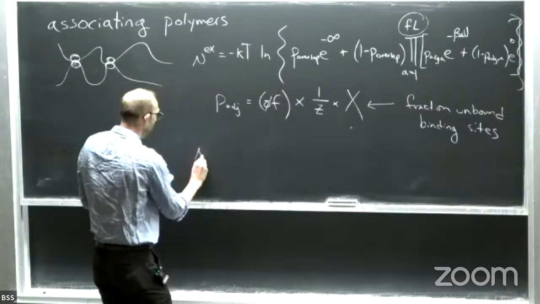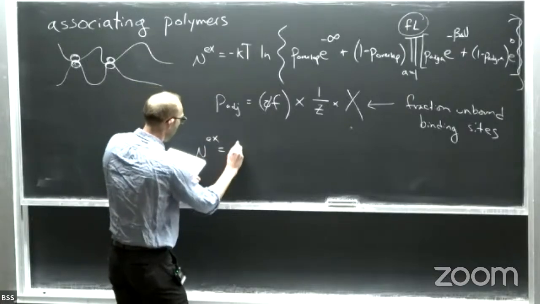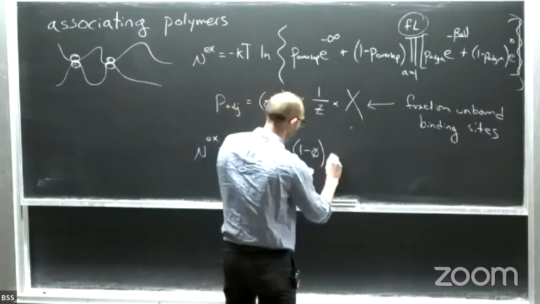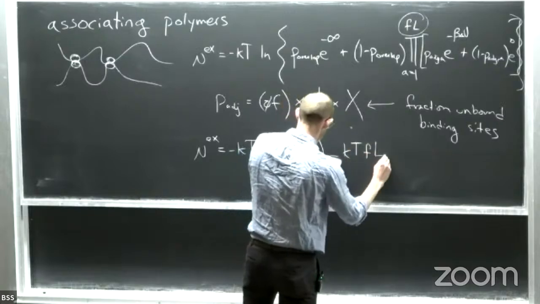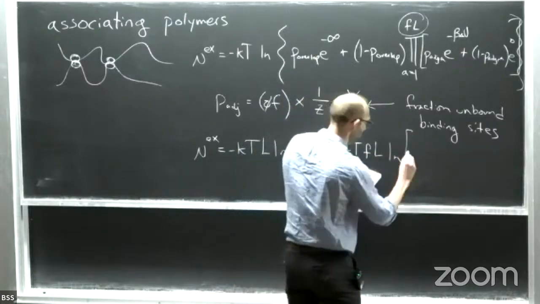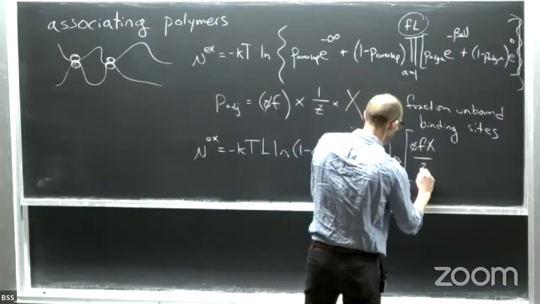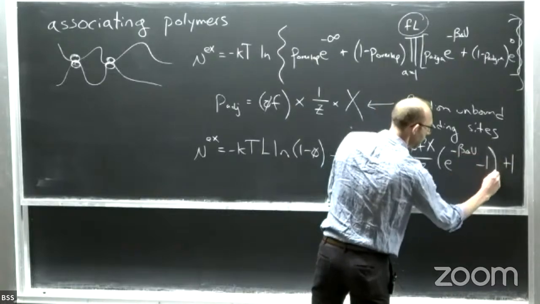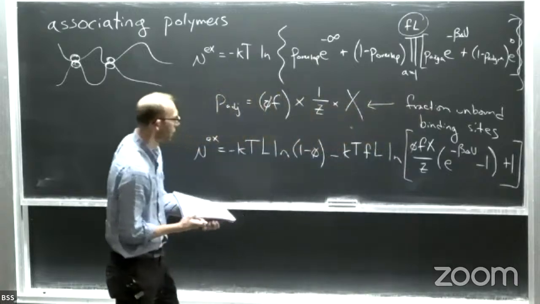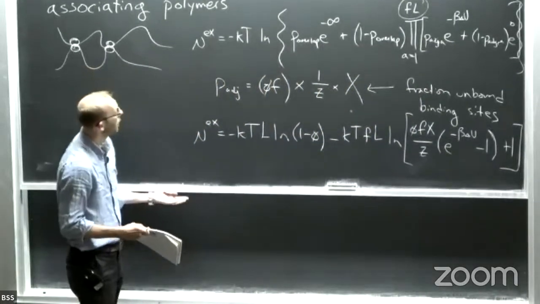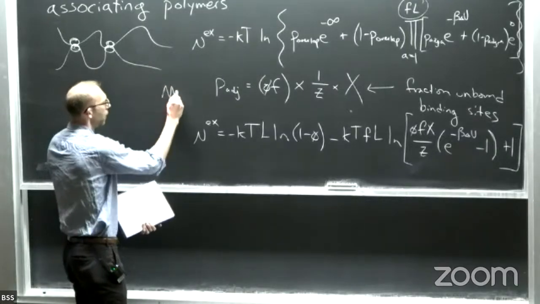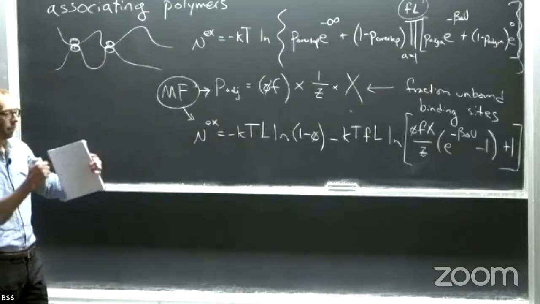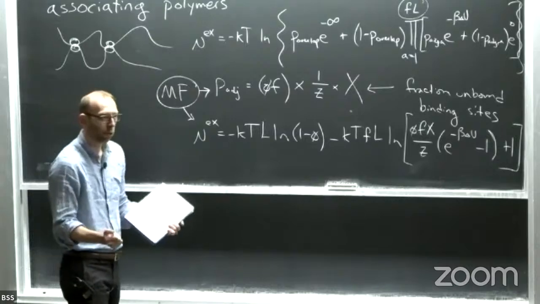But if we put this all together, we're going to get a rather simple expression. So this is our expression for excess chemical potential, assuming that we have this mean field assumption saying that positions and orientations of the binding sites are uncorrelated.